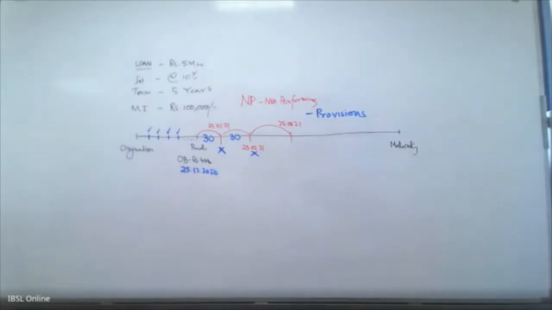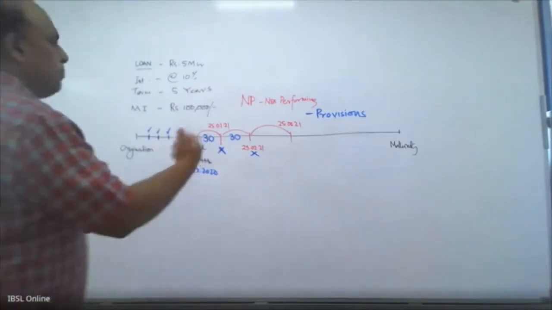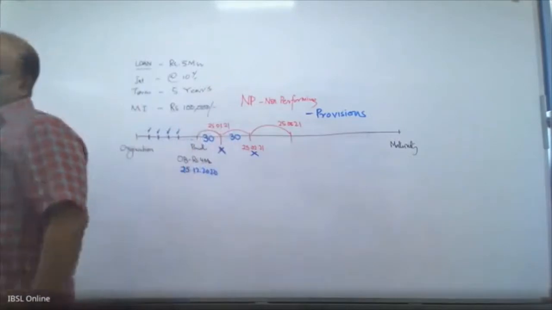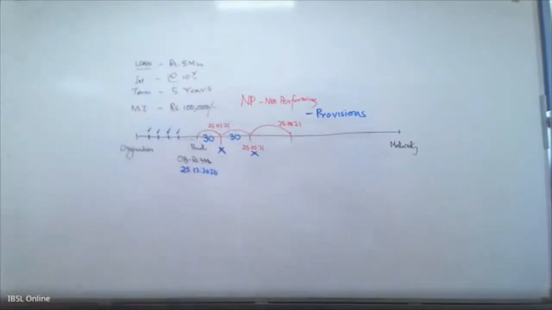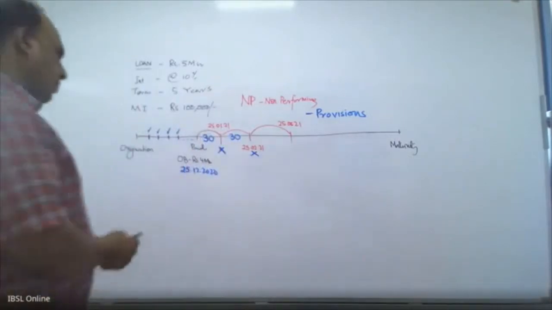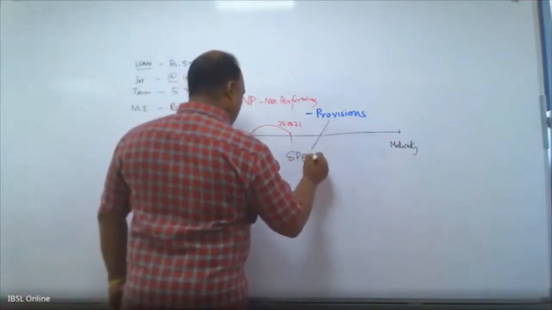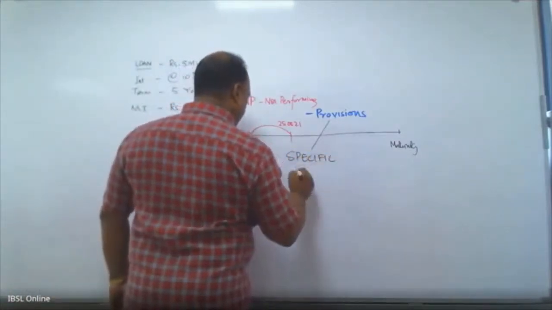The customer not paying is a signal to you that there is a problem with the customer where he is not going to pay you. So then you need to start absorbing the loss by way of provisions. And these provisions are known as specific provisions.